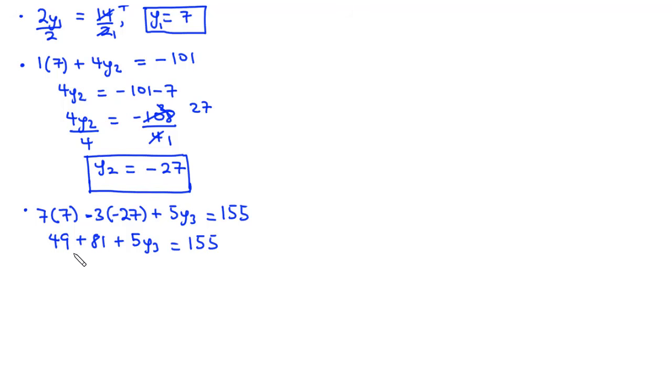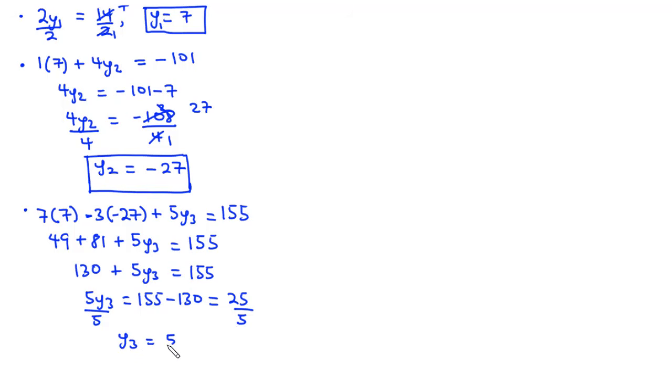On the left hand side we have 49 plus 81, which is 130, plus 5y3 equals 155. You transpose this to the right hand side, we have 5y3 equal to 155 minus 130, and that is equal to 25. We divide through by 5, and then we have y3 equal to 5. So basically this is the value of y3.